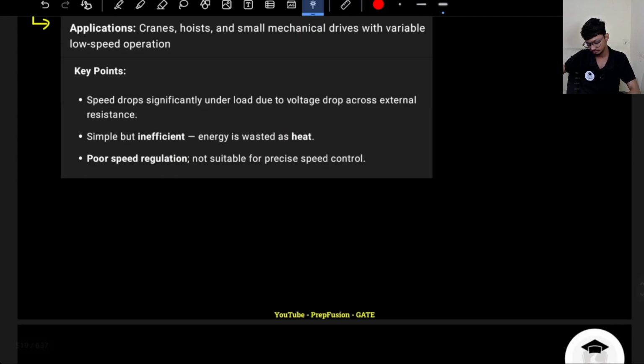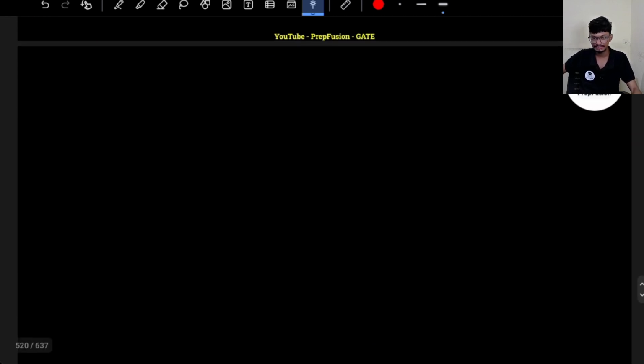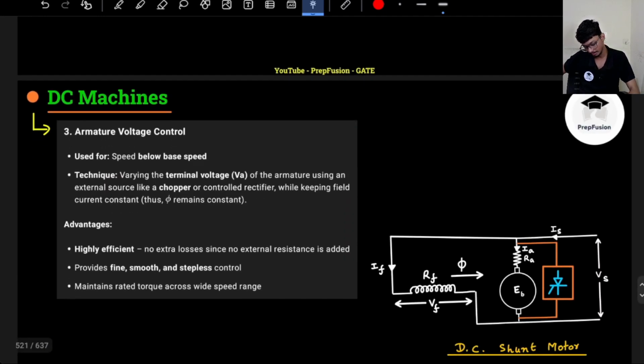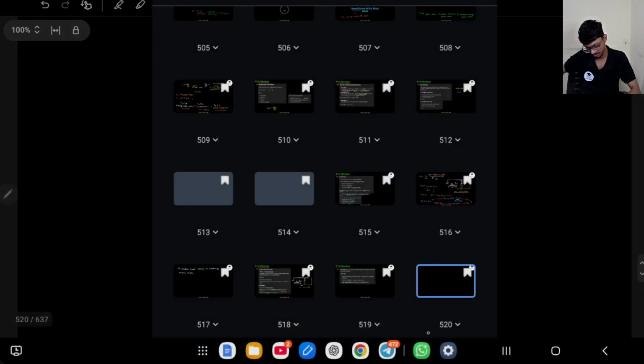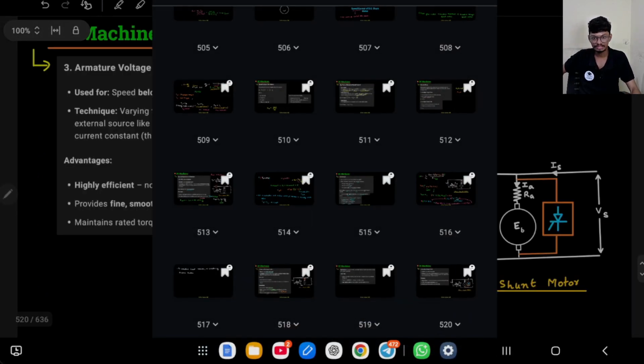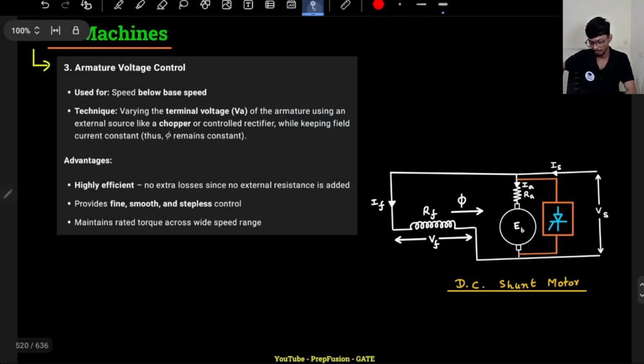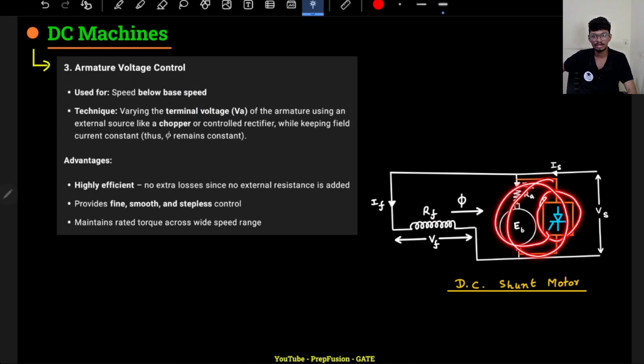Okay, so now let's discuss the third one, that is armature voltage control. I will not explain it here in much detail. It is nothing but just connecting external power electronic devices, an electronic circuit that will directly control the voltage of the armature.